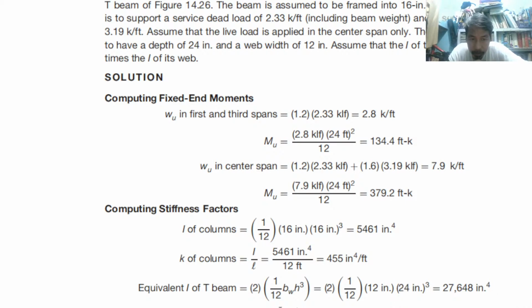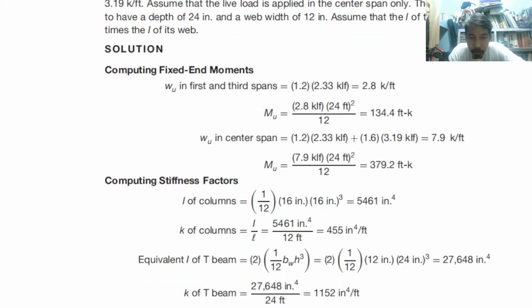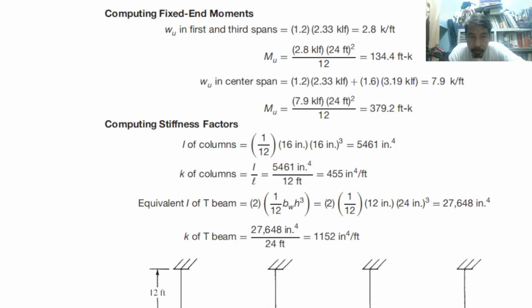Then for the T-beam, just divide by 24 feet because we have 24 here for the T-beam.